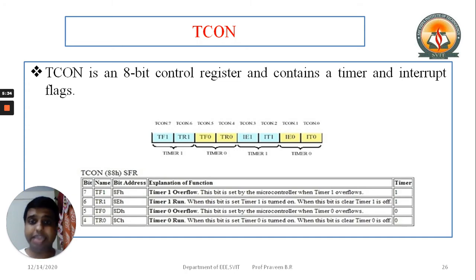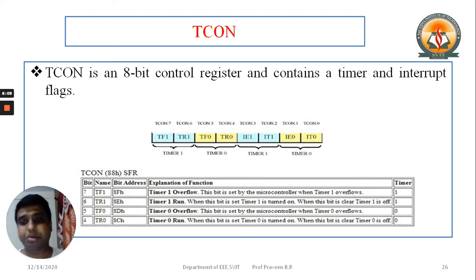Whereas in the case of timer 0, TF0, the 5th pin, when this particular pin is high, it indicates that there is an overflow in timer 0. Coming to TR1 and TR0, they are used to start the timer. After you set a timer, you start it.